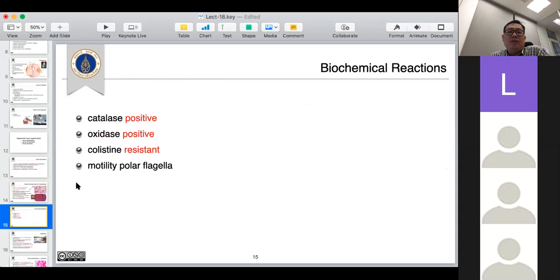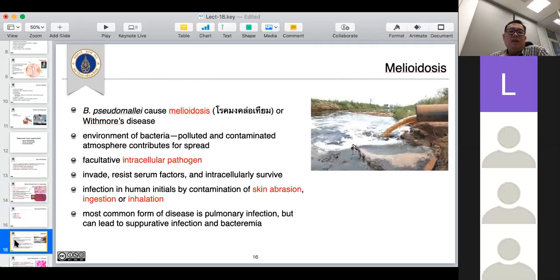Biochemical reaction for Burkholderia pseudomallei is catalase positive, oxidase positive, and they are resistant to colistin, and they are multi-biflagellate. They spread by polluted environment.